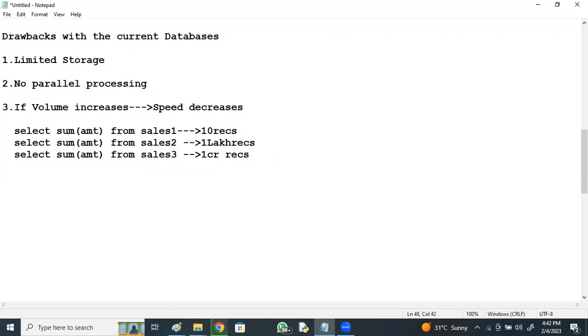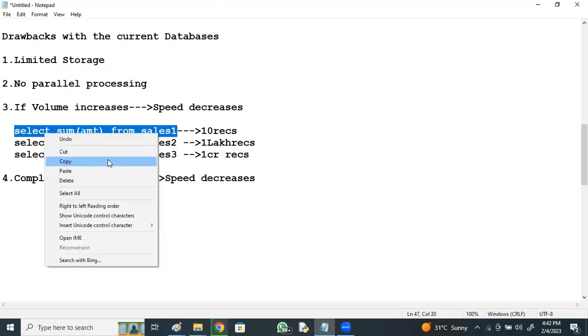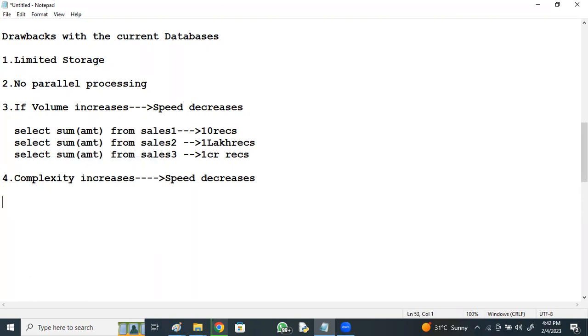So query to query, as the volume increases, speed decreases. And one more, as complexity increases, speed decreases. For example, take the same table: select sum of amount from sales 1, average amount from sales 1, standard deviation of amount from sales 1.